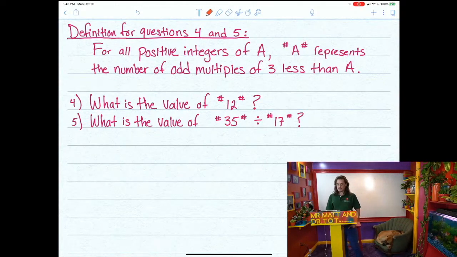When they do this, they're telling you that it no longer represents the value of that number. It represents the number of odd multiples of 3 less than A, or less than that number.